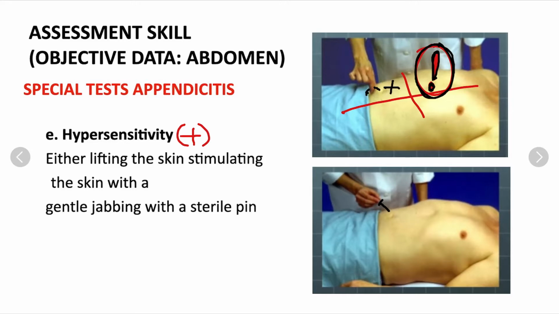Don't puncture the abdominal area, just try to jab, like poking over the abdominal area with the pin. If the patient feels sudden pain over that area, it's because of hypersensitivity.